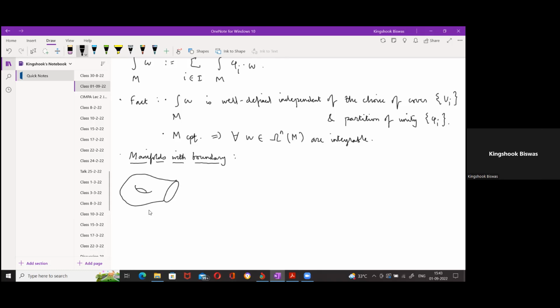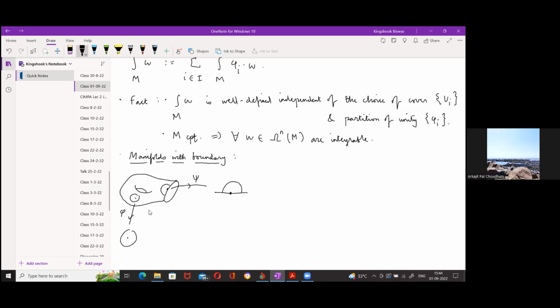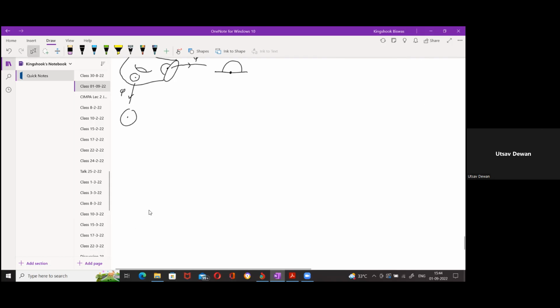So for points which are not on the boundary, these have a neighborhood which is homeomorphic to a disk in R2, whereas for a point on the boundary, you get a neighborhood which is homeomorphic to a half disk, a half space.